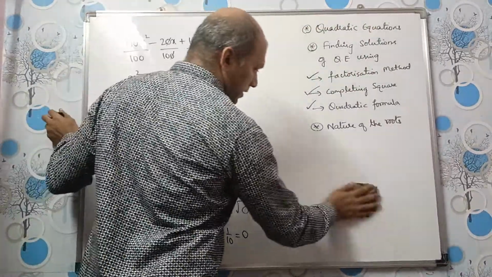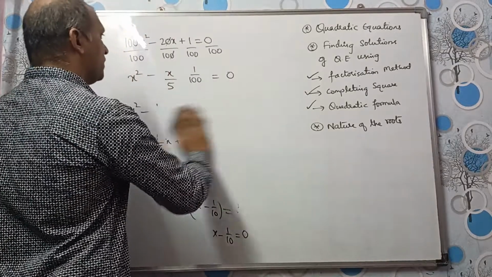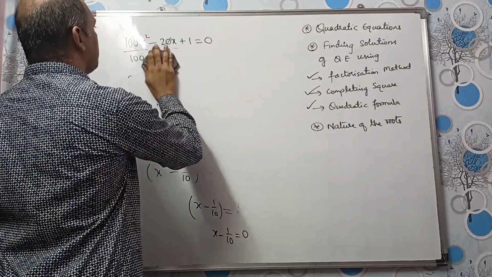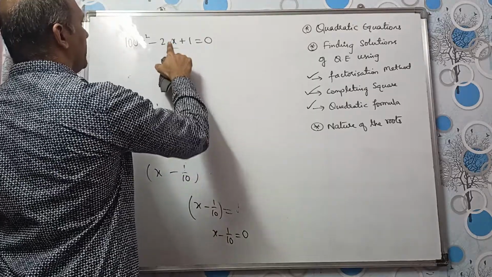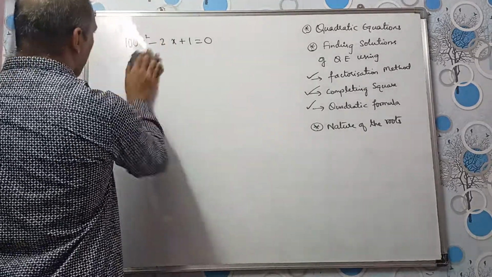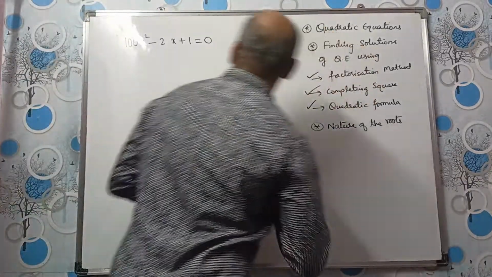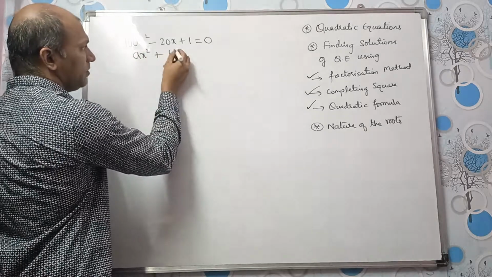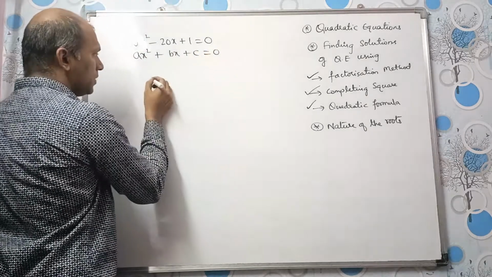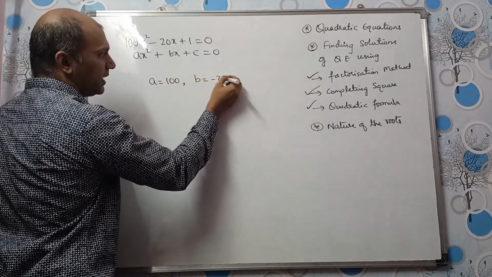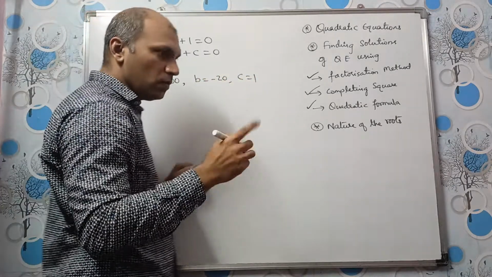Now let us use the quadratic formula. What was the equation? 100x square minus 20x plus 1, right? So if you compare this with ax square plus bx plus c equal to 0, a is equal to how much? It is 100, b is equal to minus 20, c is equal to 1.